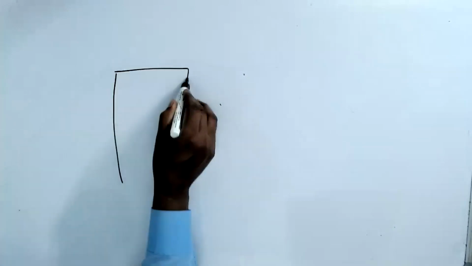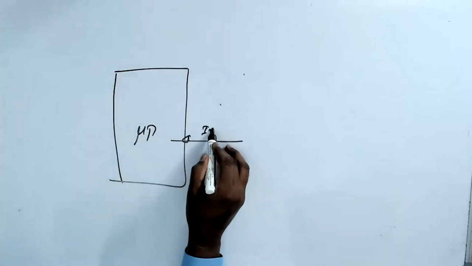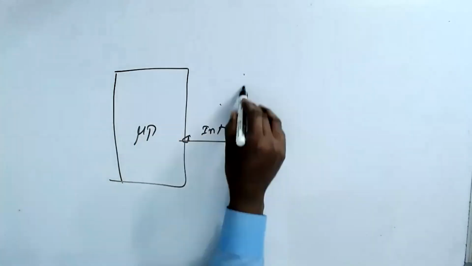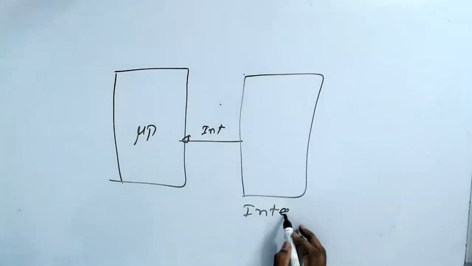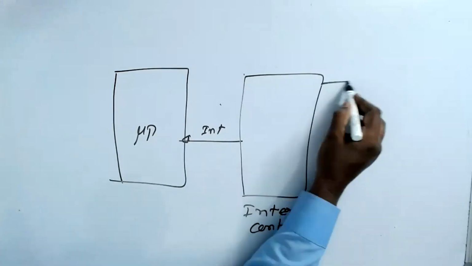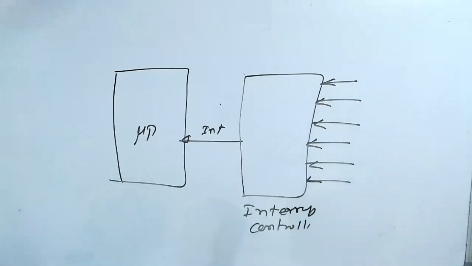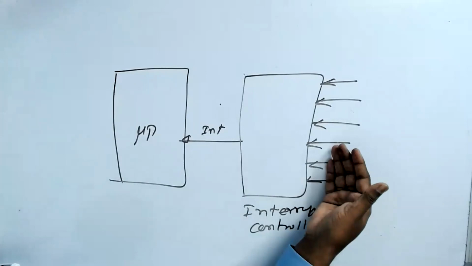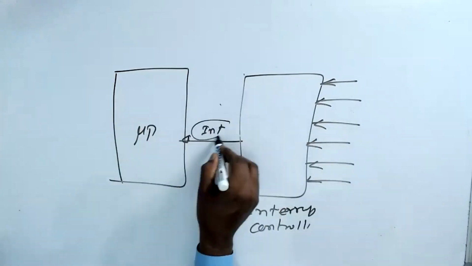So any doubts on the interrupt? Interrupts are very clear. Every microprocessor has a pin called interrupt, and we have an interrupt controller which takes multiple interrupts. These interrupts will be sent to the microprocessor one by one with the help of the interrupt pins.